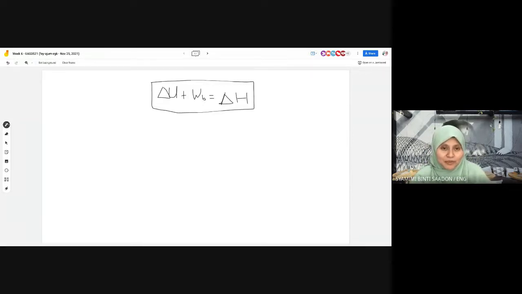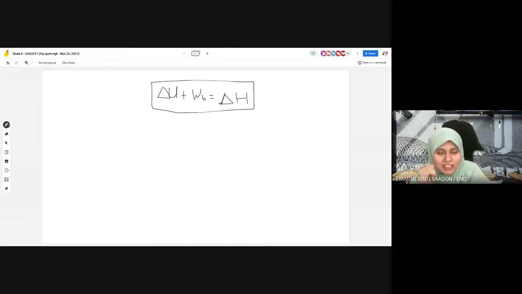That delta U, the change in internal energy, plus the boundary work that we have learned last week, is equal to the change in enthalpy, by using the first law energy balance definition.